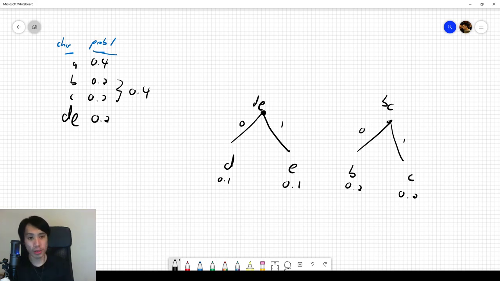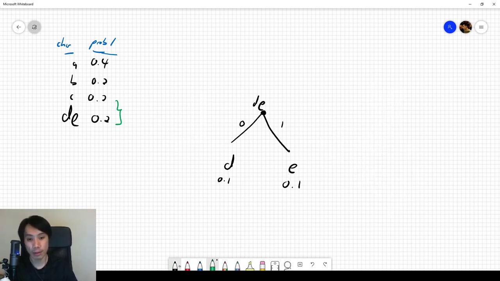Now if you observe here, you realize the height of my tree is maintained at 1 for both. Imagine if I were to merge C and DE instead. What I'm going to get is C 0.2, and if I combine both, it will be CDE 0.4.